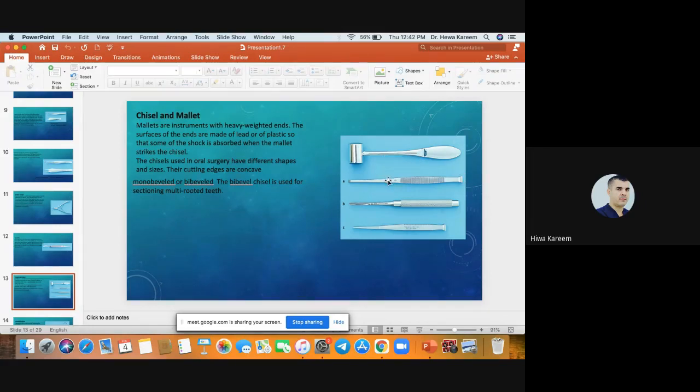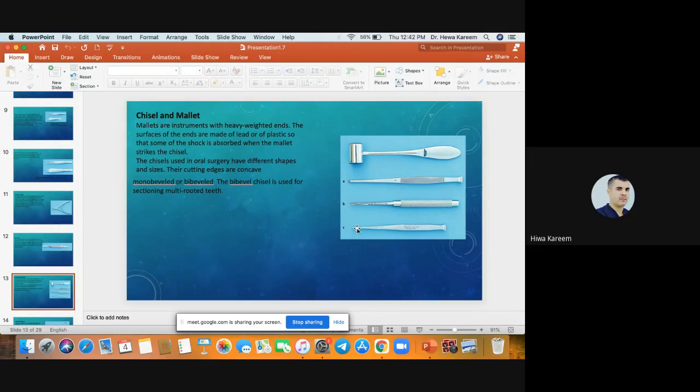The chisels used in oral surgery have different shapes and sizes. Their cutting edges are concave. We have two types: monobeveled, or unibeveled, and bibeveled. The bibeveled is used for sectioning multi-rooted teeth.